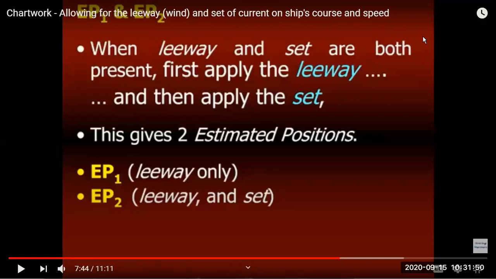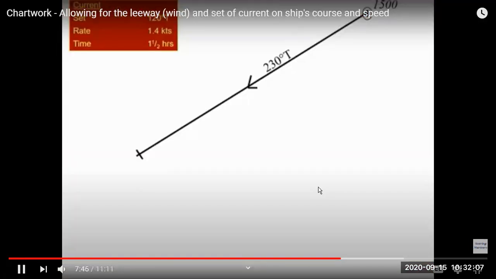Now we are going to see the effect of wind, that is leeway. When leeway and set are both present, we first apply the leeway, as we know for the allowing method. And it will give two estimated positions, one after leeway and one after leeway and current. So let's see how we solve this question. At 1500, you have the vessel's position.